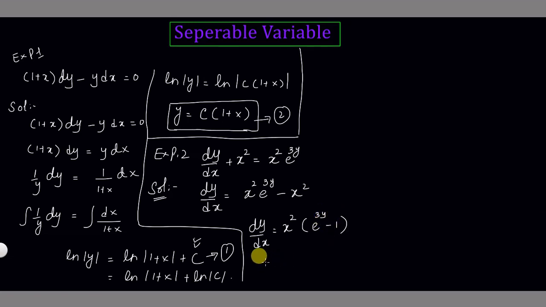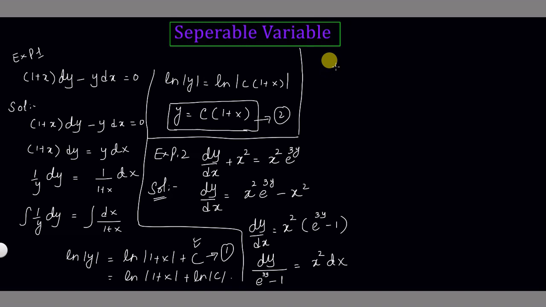Now you can easily separate the variable if you know what is going on, and we have x square dx. The integral on the right hand side is very simple, just x cubed by 3 plus c and that's all. But the integral on the left hand side will take some time to integrate. Actually, whenever you have an exponential function with some constants, you have to think about how we will solve this particular integral.